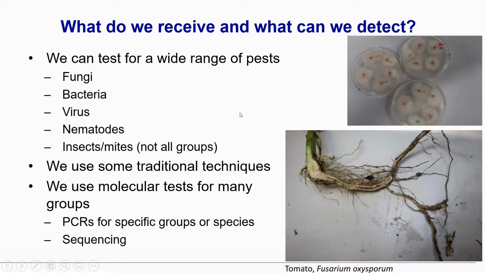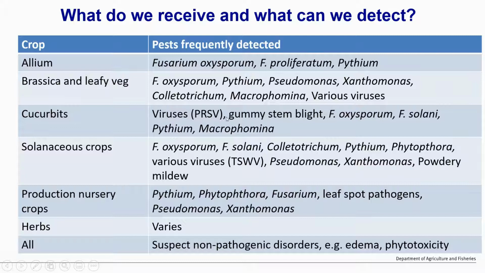So there are quite a few things that we can do to detect pathogens, and these are just a small subset of the types of hosts we receive regularly in Grow Health and the types of pathogens that we are most often identifying.